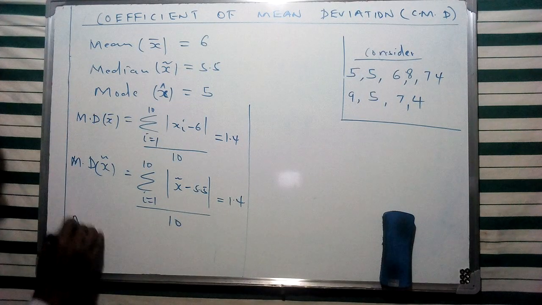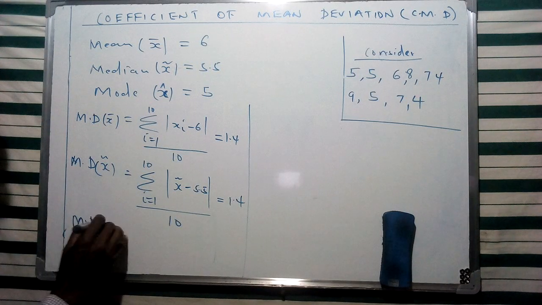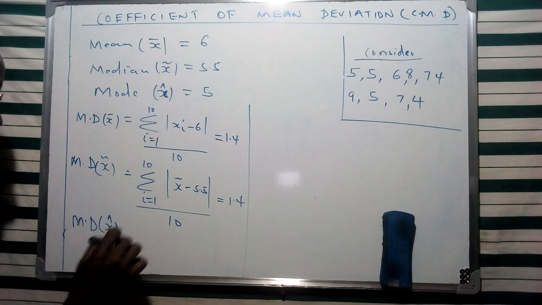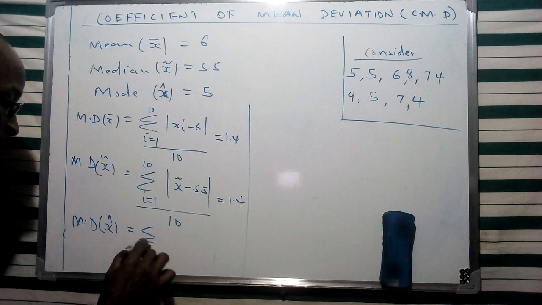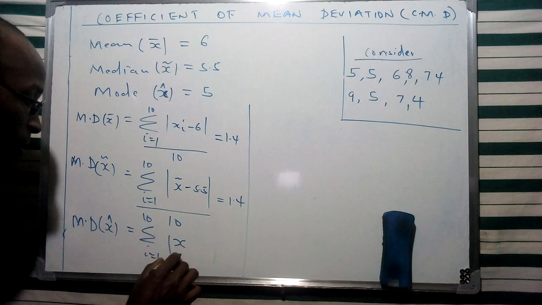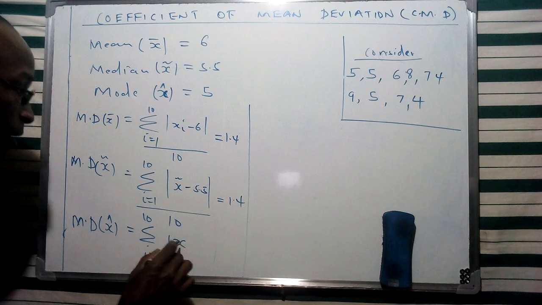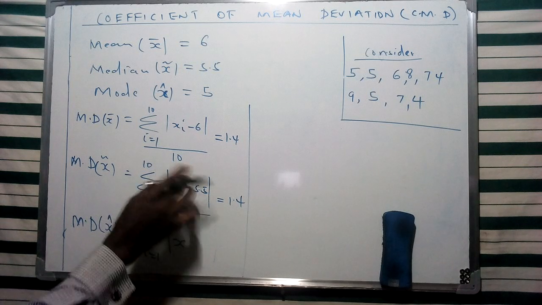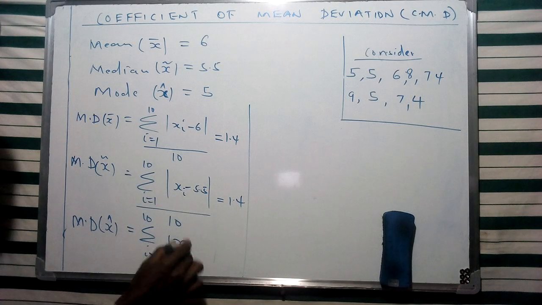And then lastly, we had found the mean deviation about the mode, which was the summation from the first one to 10 of the difference between x_i and the mode. So basically, this is going to be the value of x_i and not x mean.